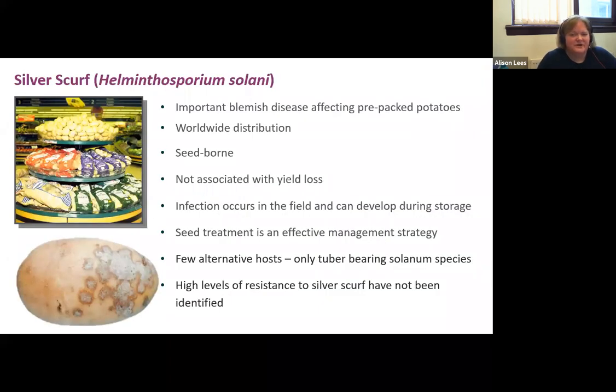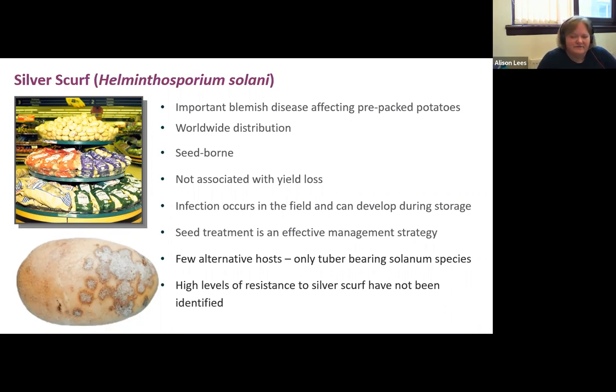So if we start with some general information about silver scurf, it's an important blemish disease with a worldwide distribution. The pathogen, Helminthosporium solani, is seed-borne, and the disease is not generally associated with yield loss, although it can cause shriveling and water loss from the tubers. Infection occurs in the field and can develop during storage, particularly under humid conditions.